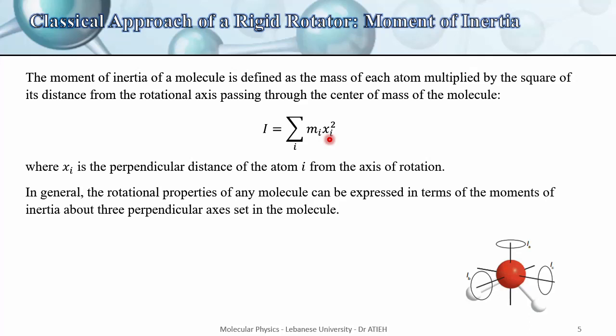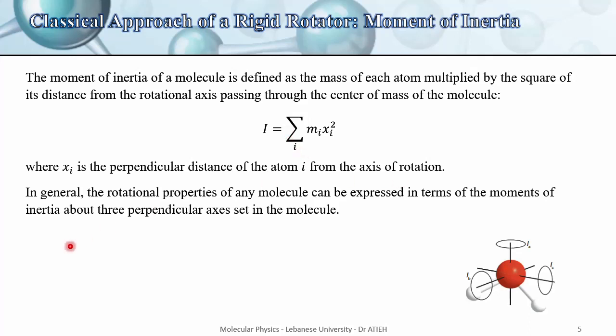So if we have a rotational axis passing through the center of mass of the molecule, then we multiply the mass of each atom of the molecule by the square of the shortest, or perpendicular, distance to the axis of rotation. So x_i is the perpendicular distance of the atom i from the axis of rotation. And then we do a summation over all the atoms constituting the molecule.